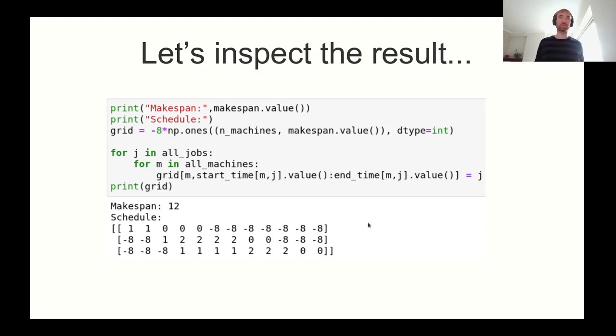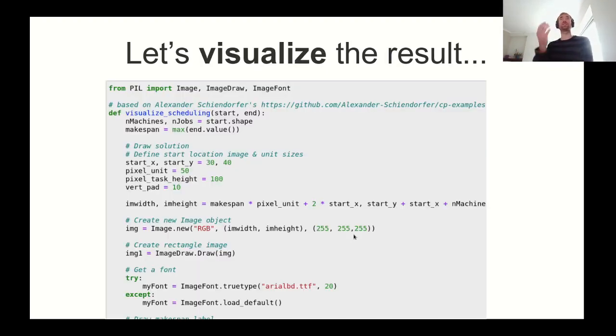Fine. Now, you might actually also want to visualize the result because this ASCII art takes a bit of getting used to reading. So why not visualize the result? And actually for job shop, Alexander Schiendorfer has done a very nice job of creating visualizations for typical CP problems, including the job shop scheduling problem. He uses the PIL library, a Python library for image manipulation.